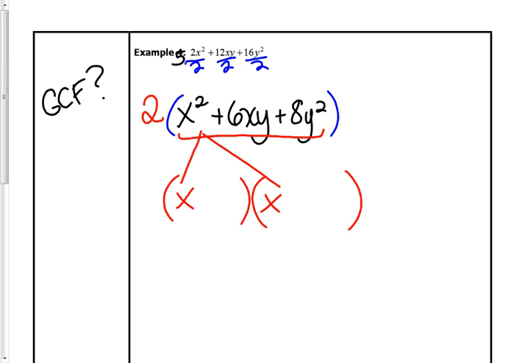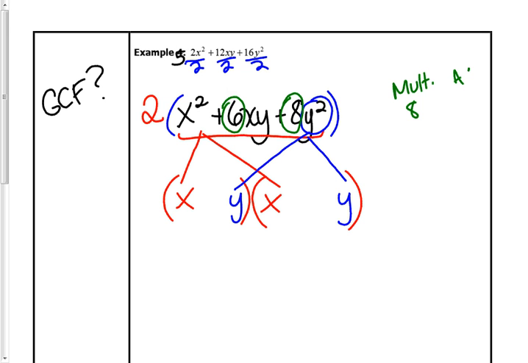Well, because we have a y squared at the end, this y squared would get split up into y and y. So that's okay. It's okay to have a second variable at the end. So what I'm doing now is, do I have any numbers that multiply to give me 8 and add to give me 6? So we have to multiply to 8, add to 6.